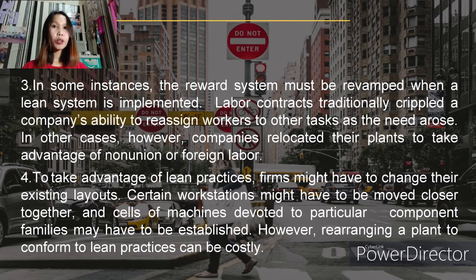Fourth, to take advantage of lean practices, firms might have to change their existing layouts. Certain workstations might have to be moved closer together, and cells of machines devoted to particular component families may have to be established. However, rearranging a plant to conform to lean practices can be costly.